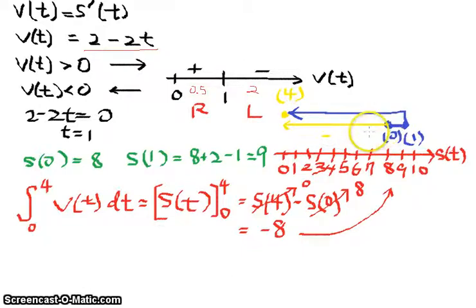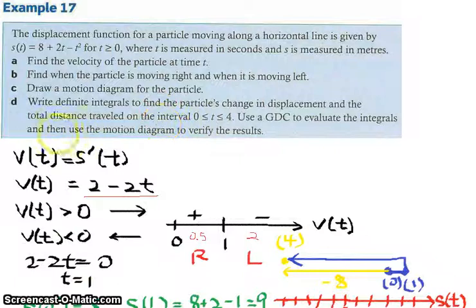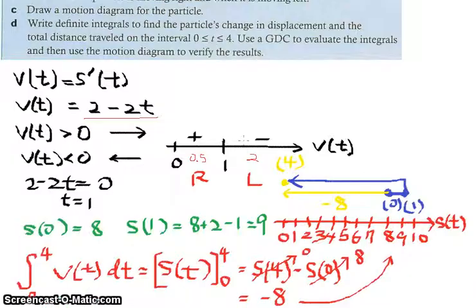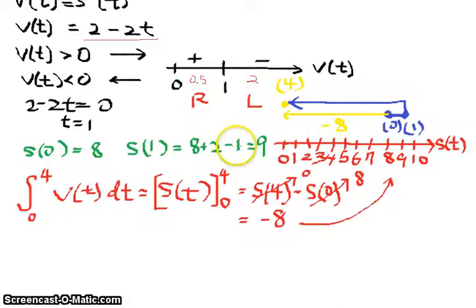And then how many units am I moving to the left? 8 units. So that's what this negative 8 means. And this is the part where the textbook wants us to use the motion diagram to verify the results. This is displacement. We just talked about displacement. Alright, so we're done with the displacement.